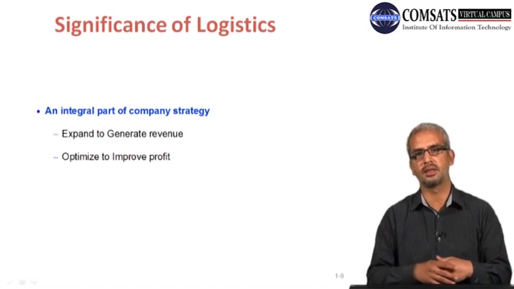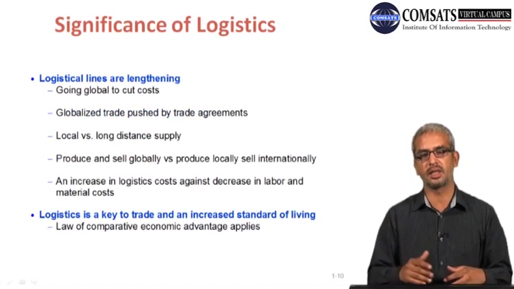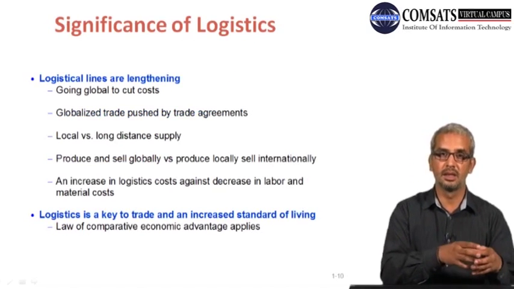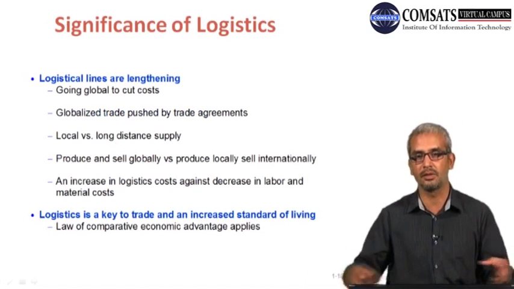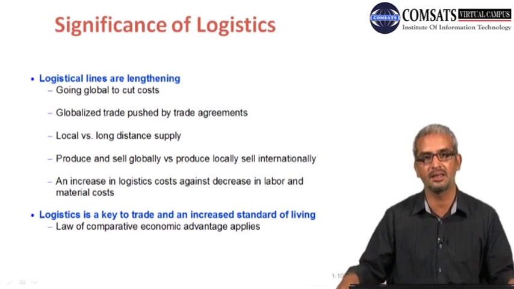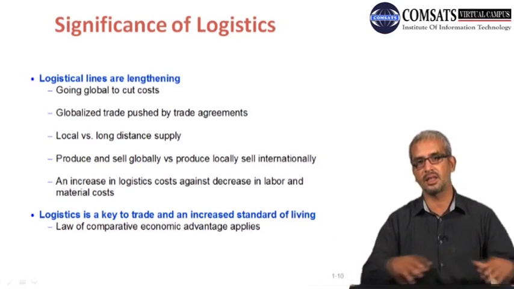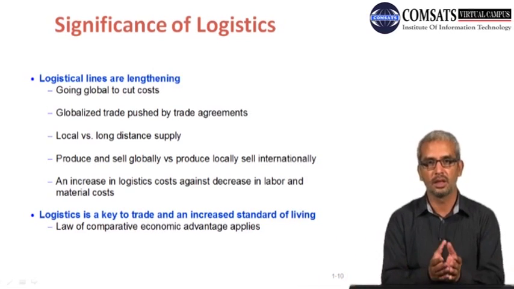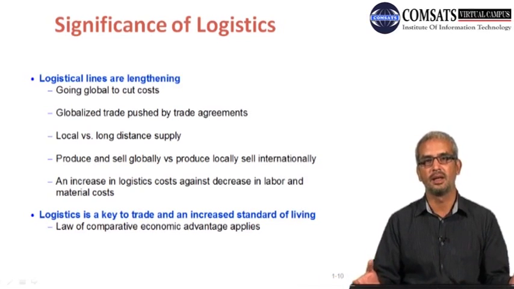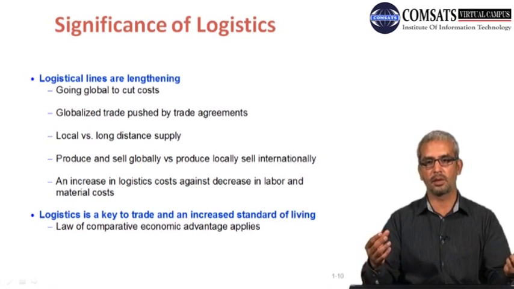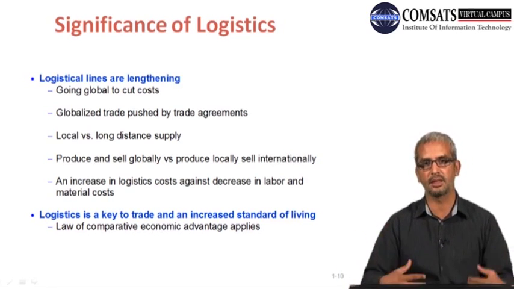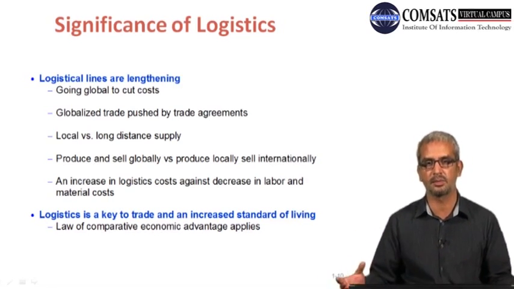Then we also discussed that it can be an integral part of the company strategy, and that the supply chain lines are lengthening with globalization. With globalization the standards of living are improving because the customer basket has expanded. Once the customer basket has expanded with products from multiple countries inside that basket, that would mean the supply lines have expanded also.